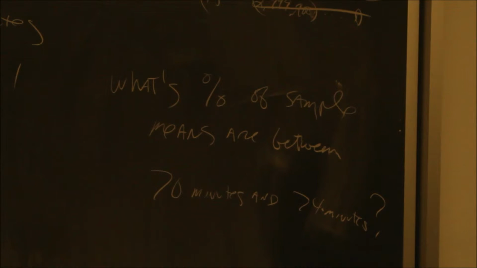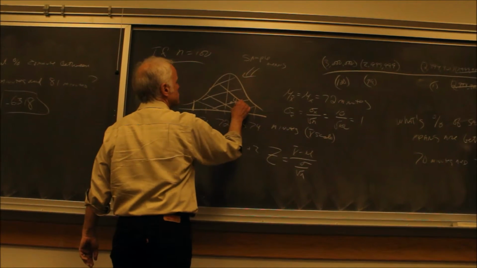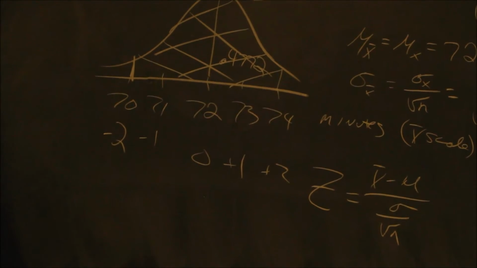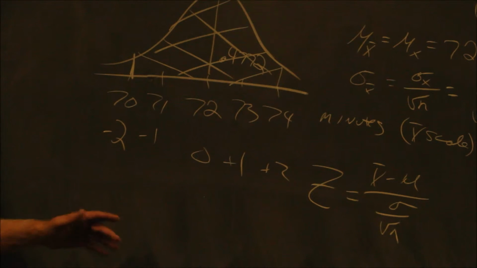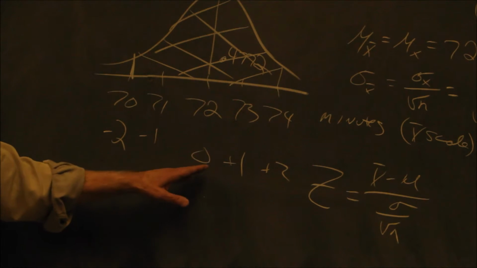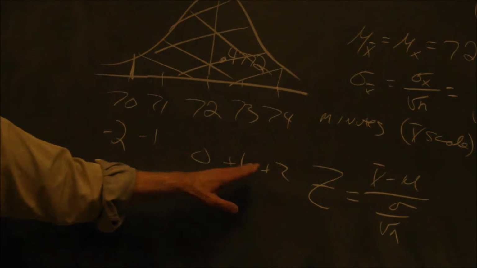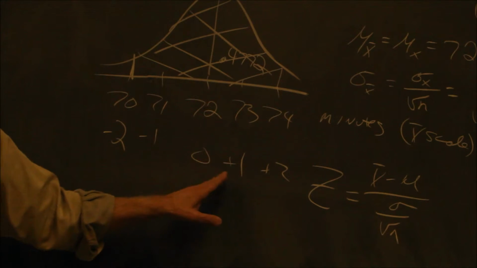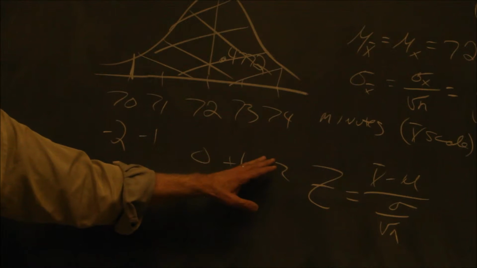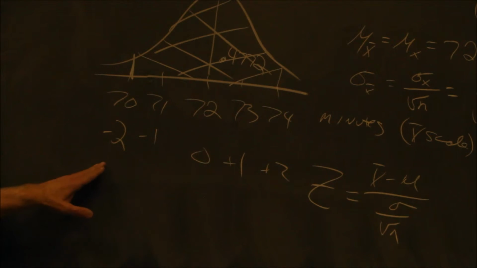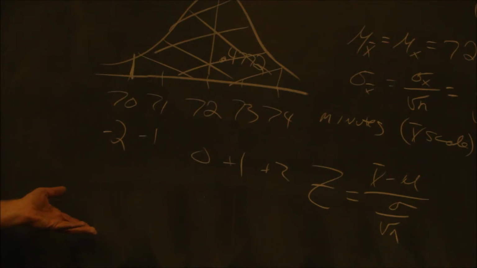And so if you go to the flap in the book, it's 0.4772 because remember the table gives you the shaded area, and the shaded area is between 0 and the Z score. And so the area between 0 and 2 on the Z scale is 0.4772. Similarly on this side it would be 0.4772.